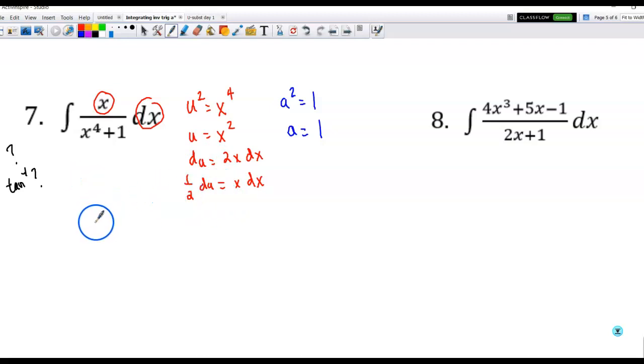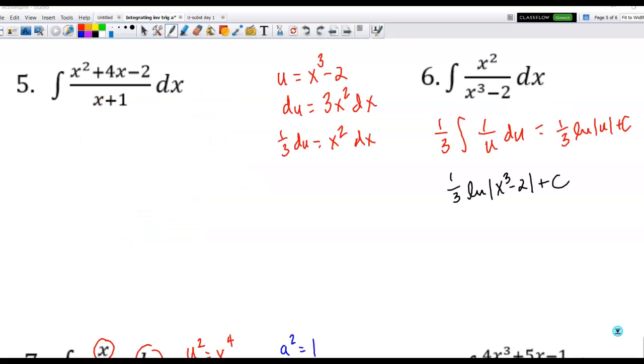So I get 1 over a, and 1 over a would be 1 over 1, inverse tangent of u, which is, now be careful, u is x squared in this case, over a, which is 1, plus c. So that was a really tricky inverse tangent problem.